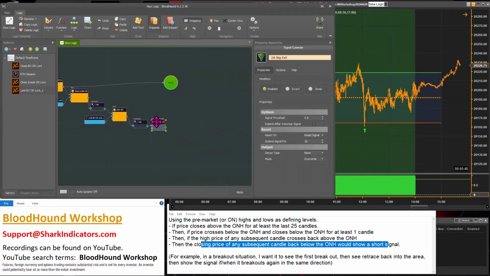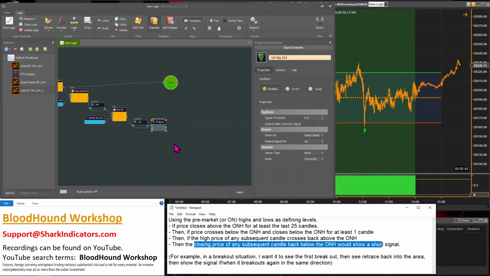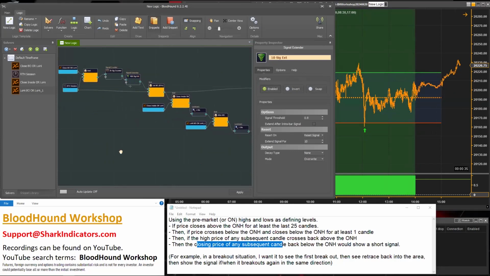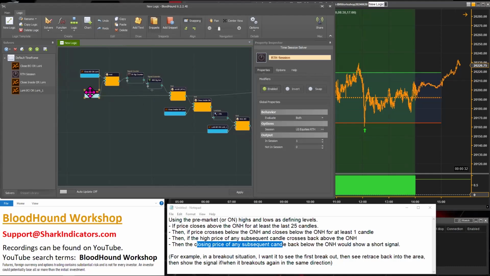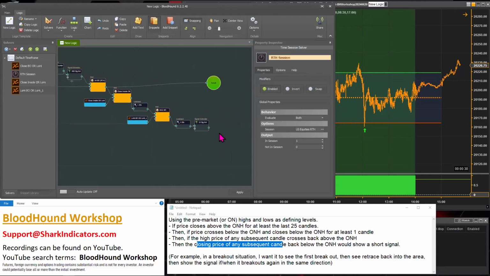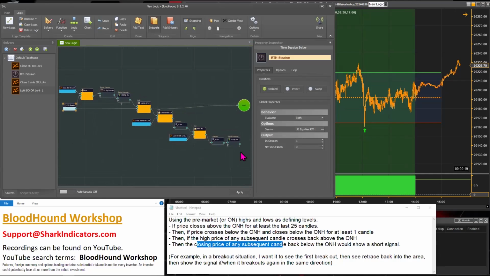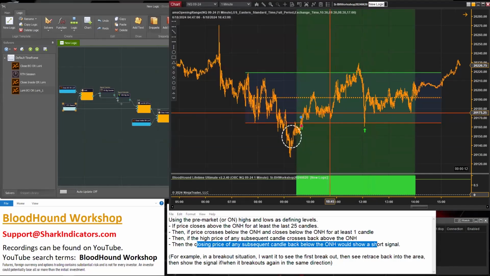And so, for this last requirement, if you want this to be good all the way to the end of the market, then we could do the same thing as what we did back here. We could take the time session solver, put an AND node here, and run the time session solver into the AND node, and that would make this last condition good until the end of the market.